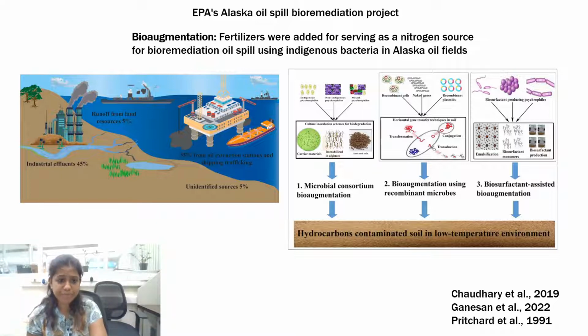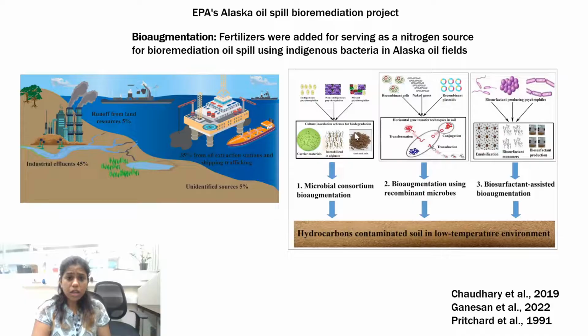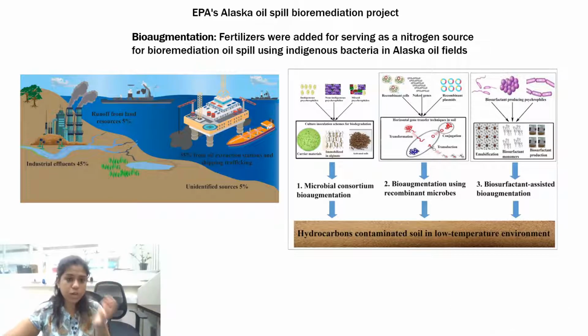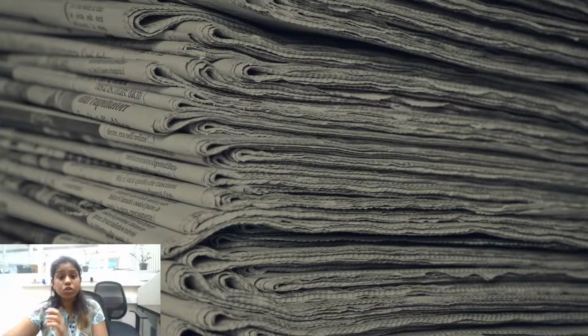The nitrogen source was fertilizers rich in nitrogen, and the oil spill in this region was contained using these additional products. So that's mostly about the three major case studies that we are looking at here for various applications of bioremediation.